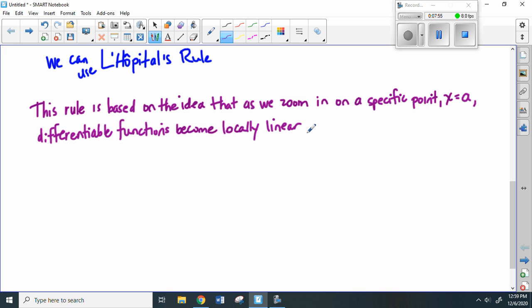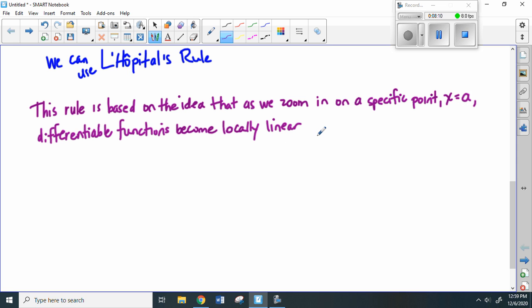Remember, differentiable means they're continuous. We have talked about that before. We did an exploration once where I had you start with a curve and zoom in on the same point over and over again, and it eventually started to look like a line. That's what I mean by locally linear.